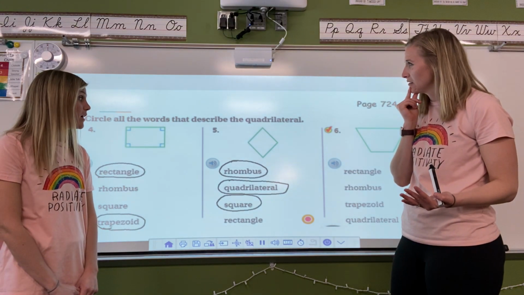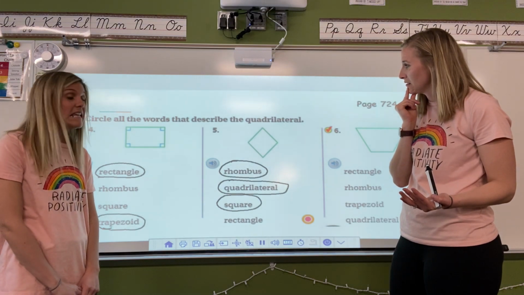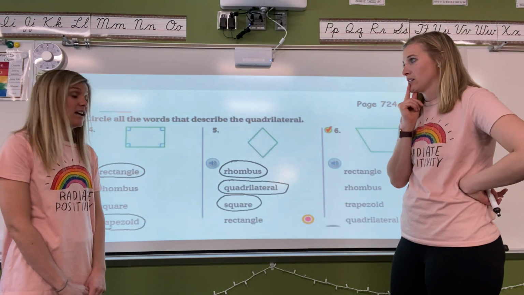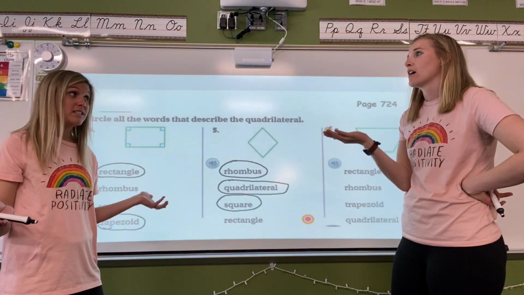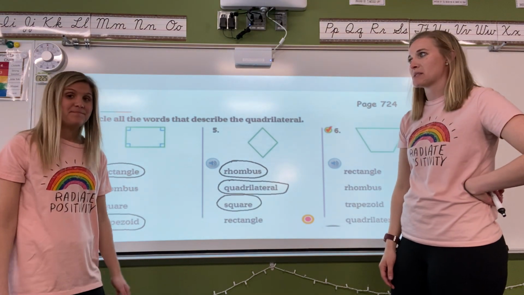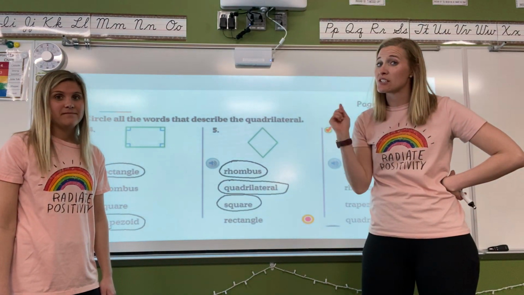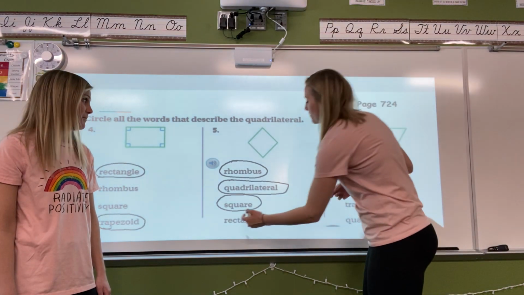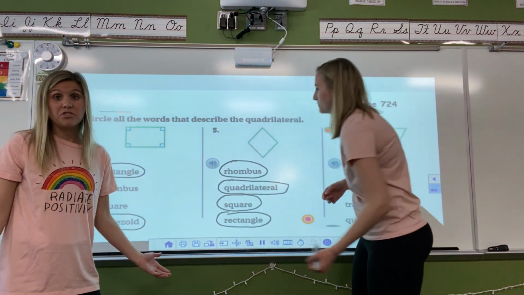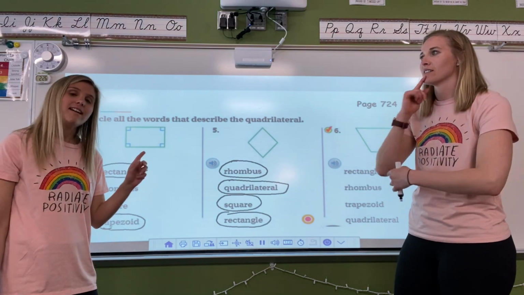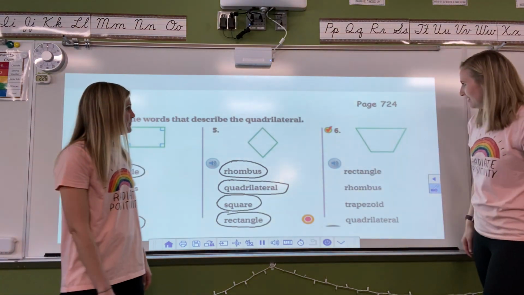Well, remember, a rectangle has to have at least 2 sets of parallel sides and at least 2 sides that are the same length. But can it have 4 sides that are the same length? You're right, Miss Pelzel. So I might have to look back at that previous page to double check. Thanks for helping me out. So squares are also rectangles, but rectangles can't be squares. Oh. Kind of tricky.